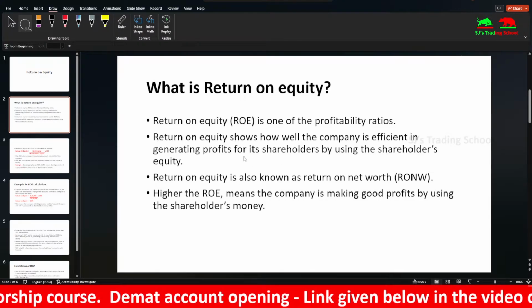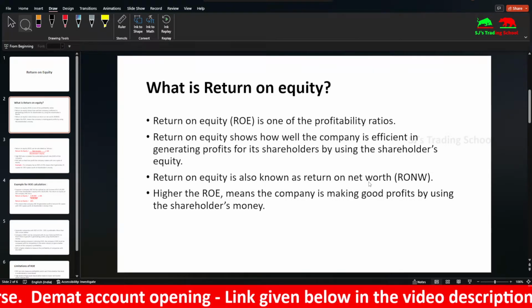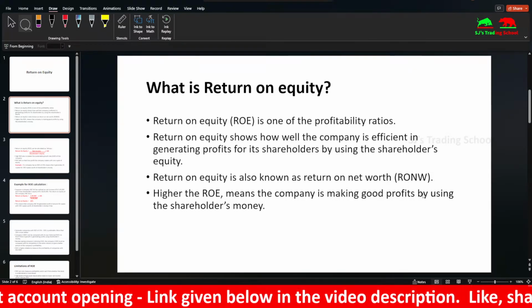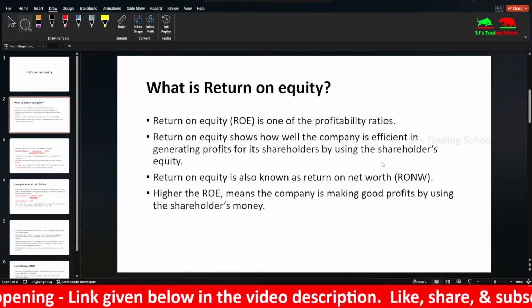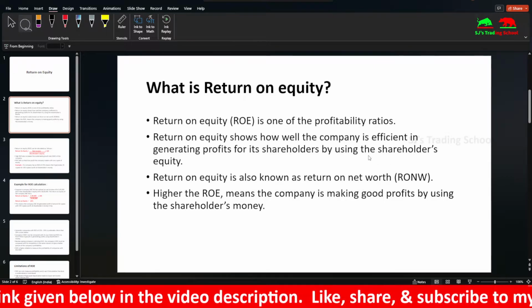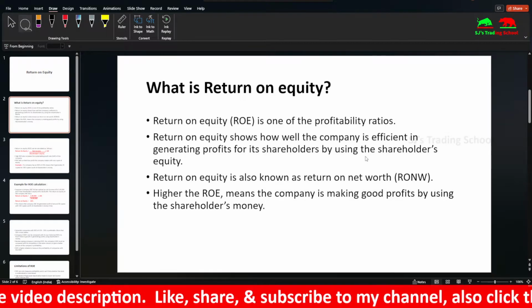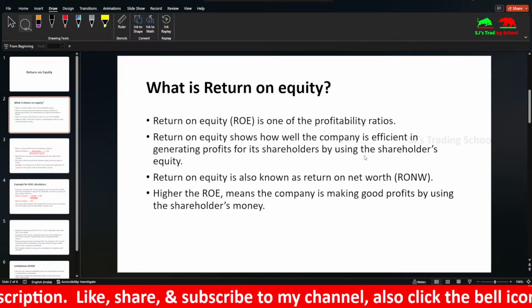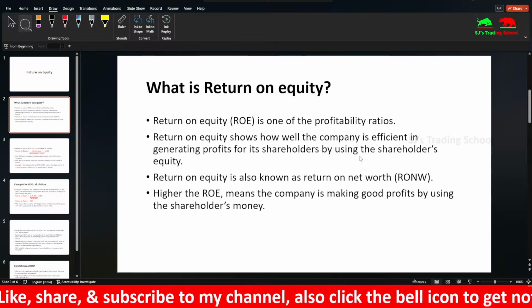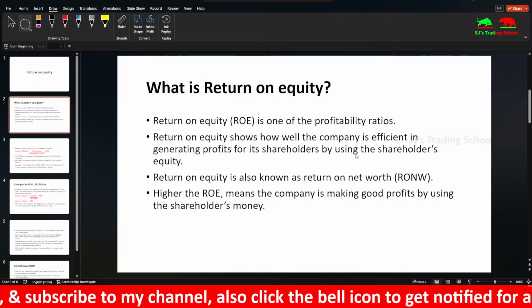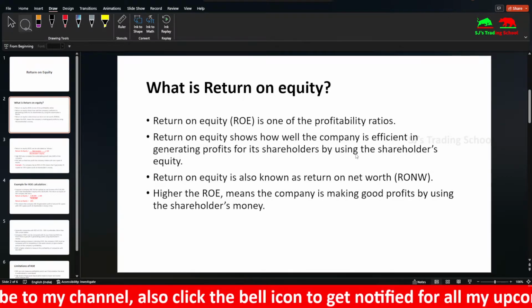ROE is also known as return on net worth, or RONW, or you can also call it return on book value. Book value is this: if the company liquidates, or gets bankrupt due to some bad financial situation, it might sell all its assets. After selling all its assets, it will repay all its liabilities and debt.